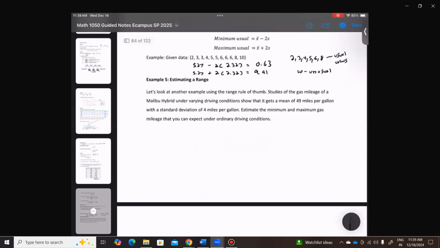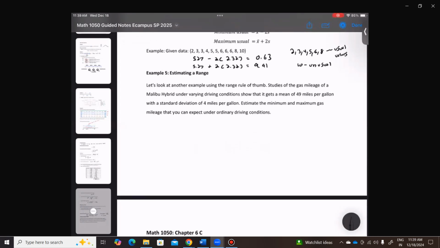All right, so in this last example, let's look at using this range rule of thumb. We study gas mileage of a hybrid under different driving conditions, and we get a mean of 49 miles per gallon with a standard deviation of 4 miles per gallon. And so we're going to estimate the minimum and maximum gas mileage for this vehicle.